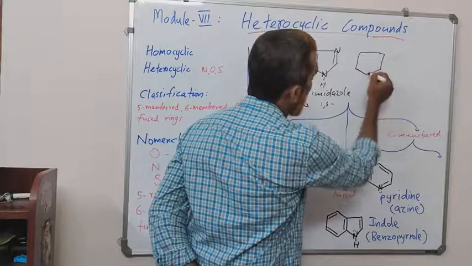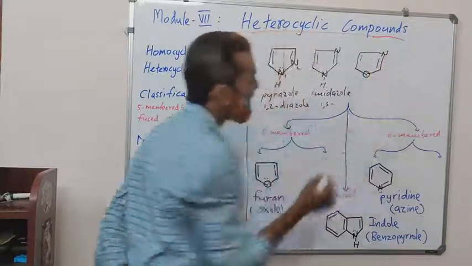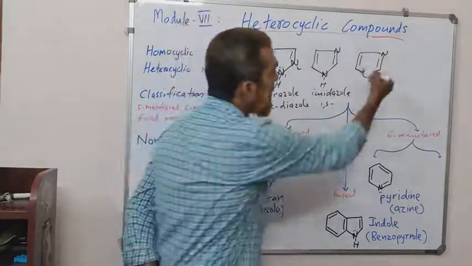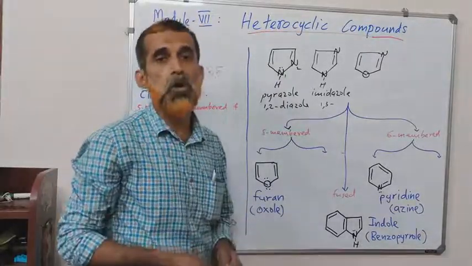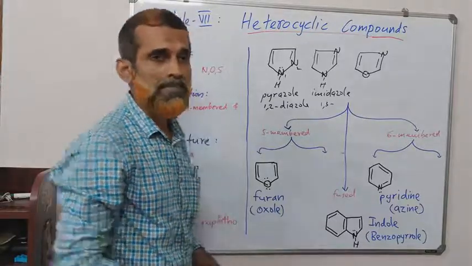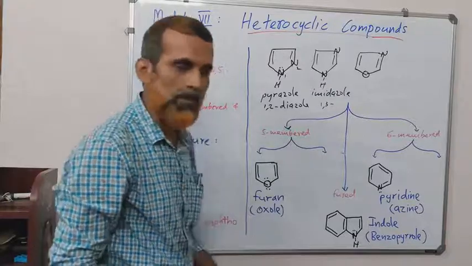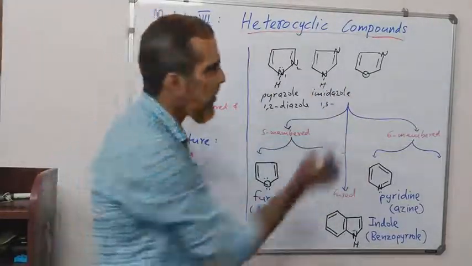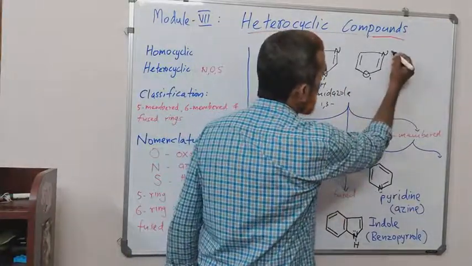Now look at this one, 2 different heteroatoms. Suppose oxygen here and nitrogen here. What is this called? When there are 2 different heteroatoms, numbering is based on the rule that priority is given to elements coming in higher group in the periodic table. That means group 16 is preferred over 15. So oxygen is preferred over nitrogen, and numbering starts from here, 1, 2, 3.